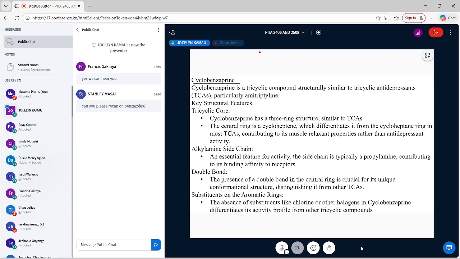So the antidepressants and cyclobenzaprine are acting oppositely. When you talk about a tricyclic antidepressant, you have depression, and if you have depression, you have low levels of the catecholamines.